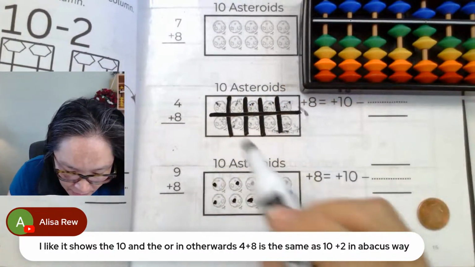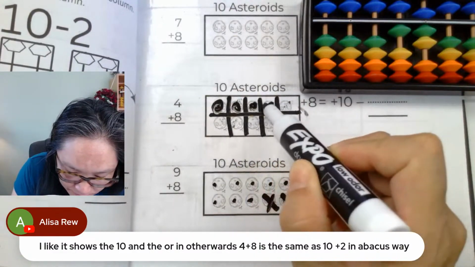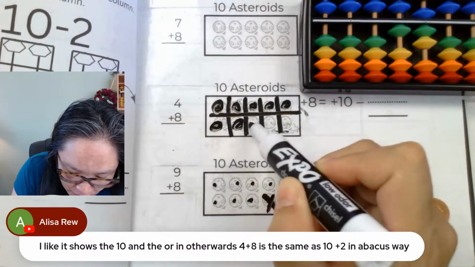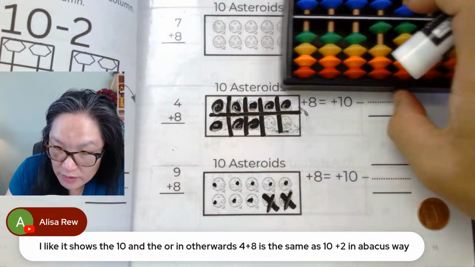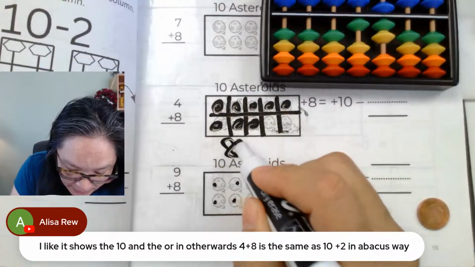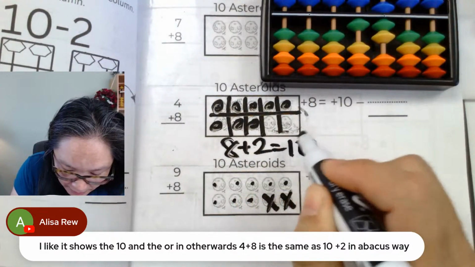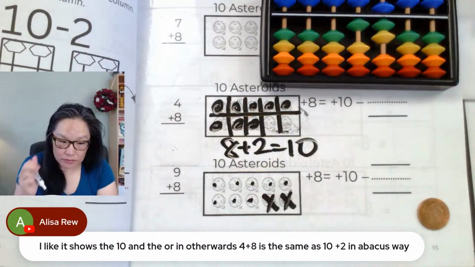So the idea was, if this is 10, I'm going to use 8, right? So then what do I have left over? I have 2 left over. So that's why you have to take away the 2. So we know that 8 plus 2 is equal to 10. That was why I had the asteroids. That was the idea.